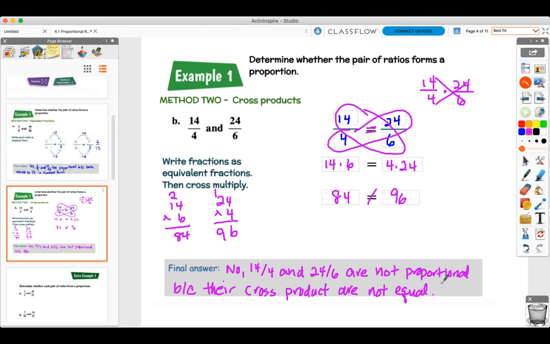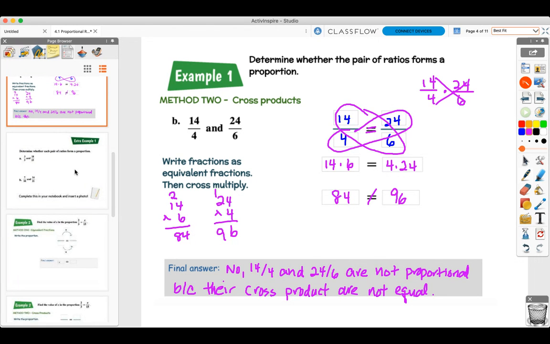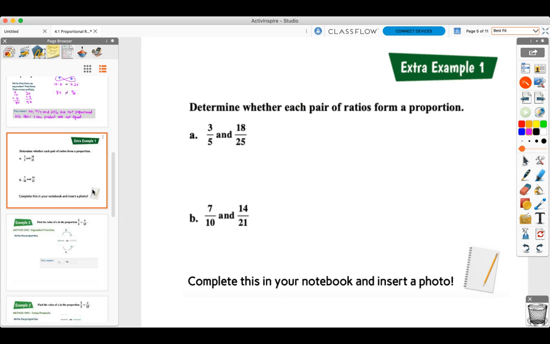Get into the habit of writing complete sentences in your answers. What I want you to do now is pause the video, and in your notebook work out these two problems. You can use either method, and there are times you're going to be mixing and matching. Maybe do one with equivalent fractions and one with cross products. So pause the video. And now that you're back, let's see if your answers are right.